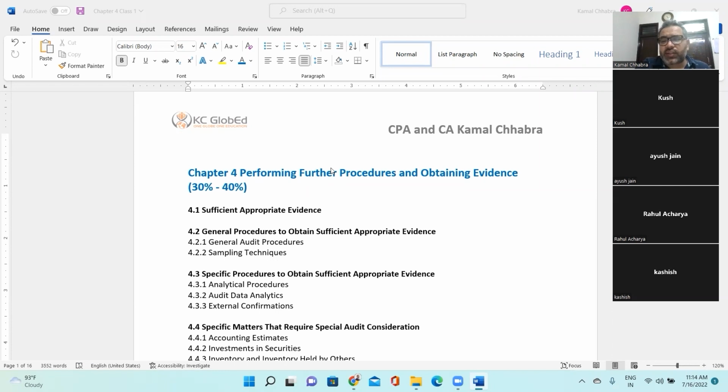So this data analytics tool is really powerful to break all those rules, or things which management can play around with based on their understanding and expectation of the auditor.